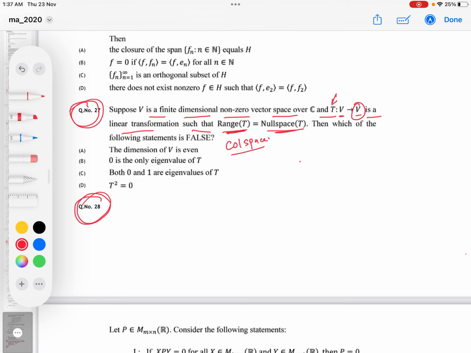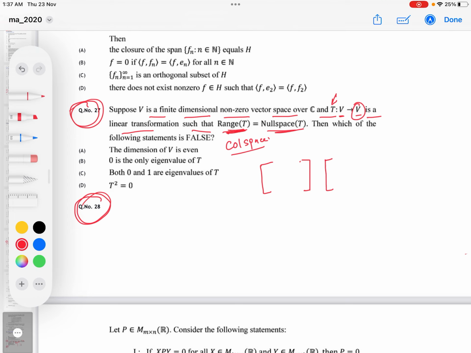So in this case, the range of T is the column space. So if you have some matrix with columns, then consider its null space.